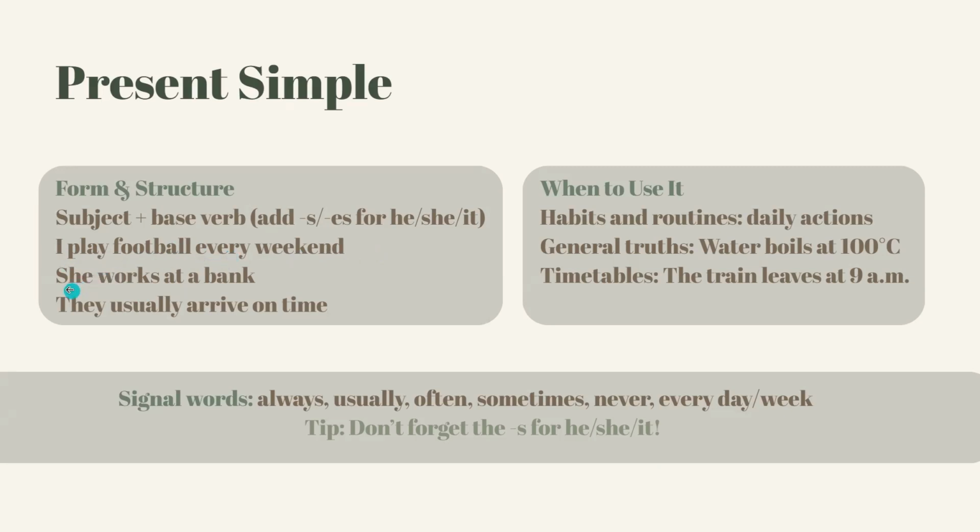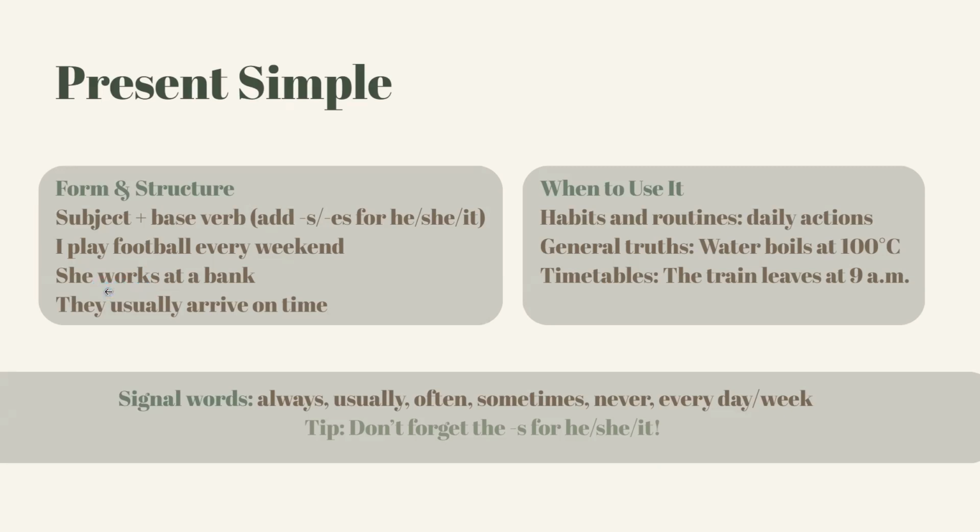So let's again analyze an example of ours. She works at a bank. The subject here is she, and our base word is to work, verb is feel, if you want to just know that. So when we want to add the base verb, she works.